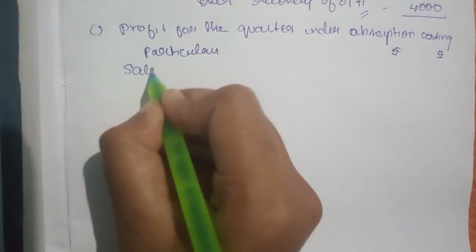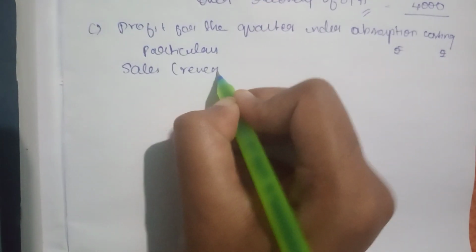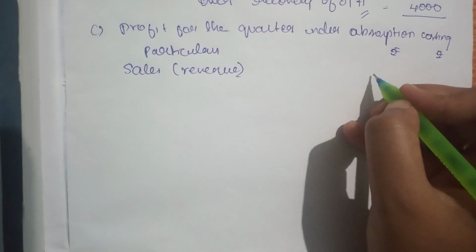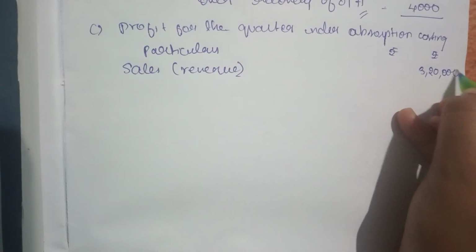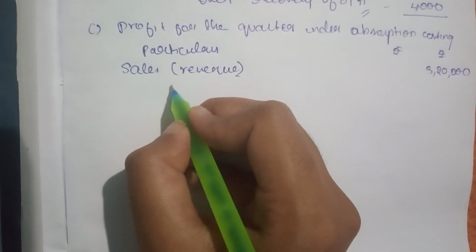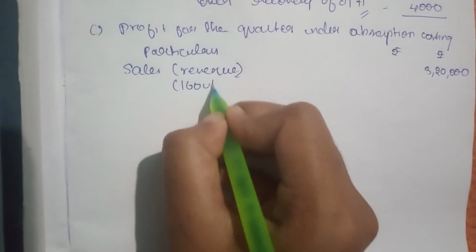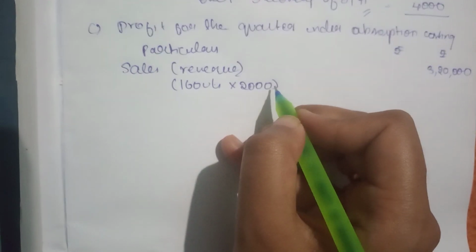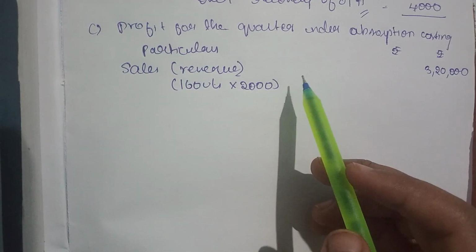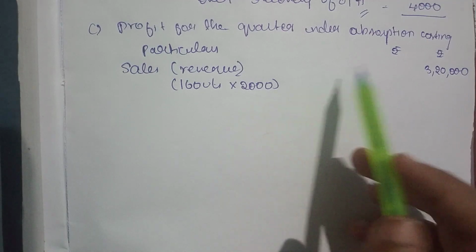Write sales, or they'll call it revenue. So it is 3,20,000. How did you get this? They have sold 160 units at 2,000 rupees. How did you get this 2,000 rupees?